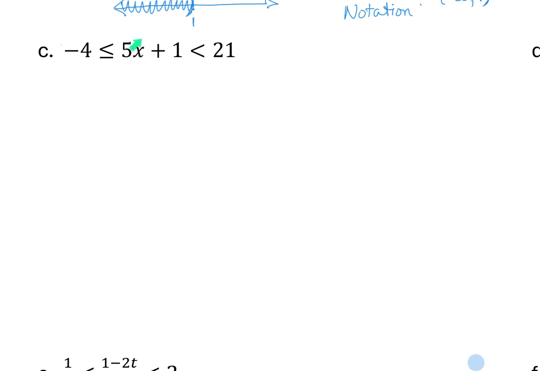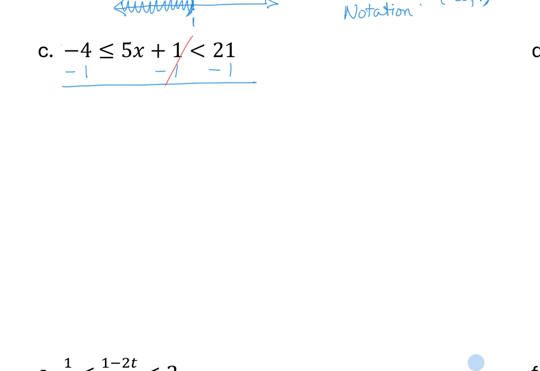To get x by itself, the first thing that I need to do is get rid of plus 1. So to get rid of plus 1, we're going to subtract 1 in the middle. And again, whatever we do to the middle, we do everywhere. So I'm going to subtract 1 on the left, in the middle, and on the right.